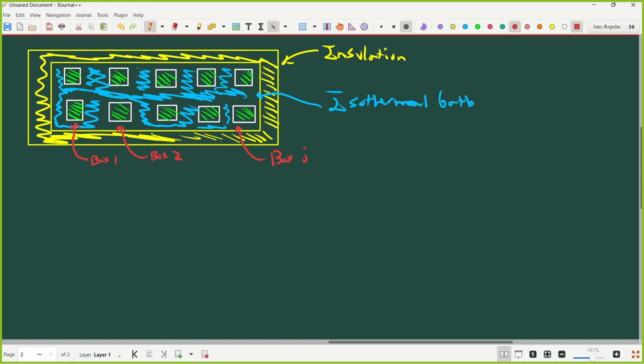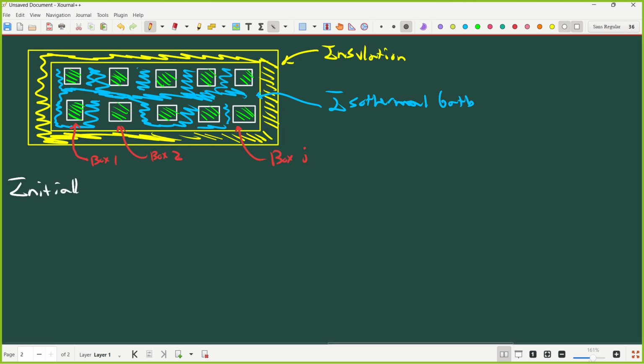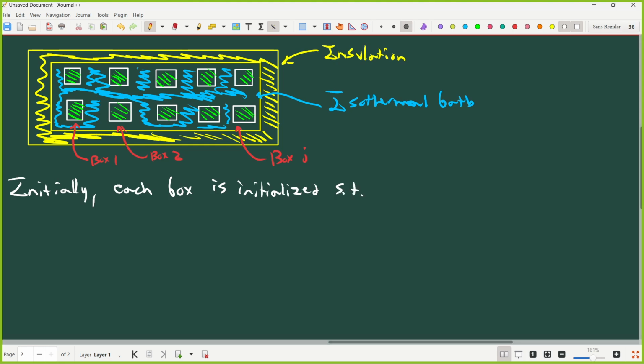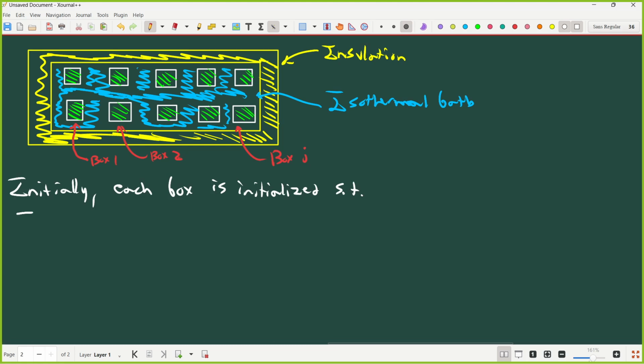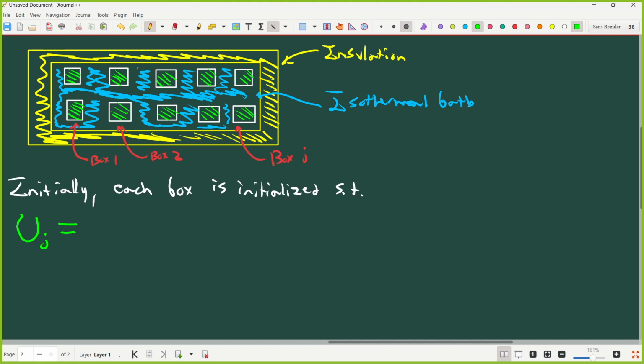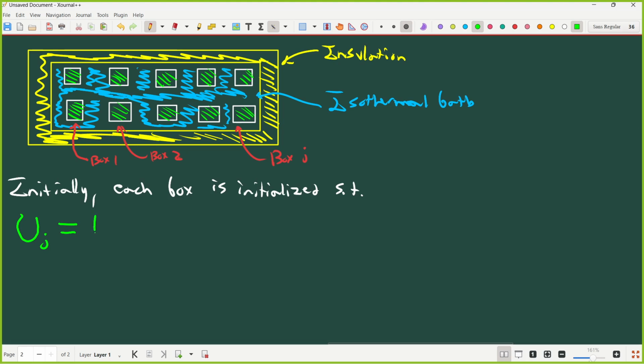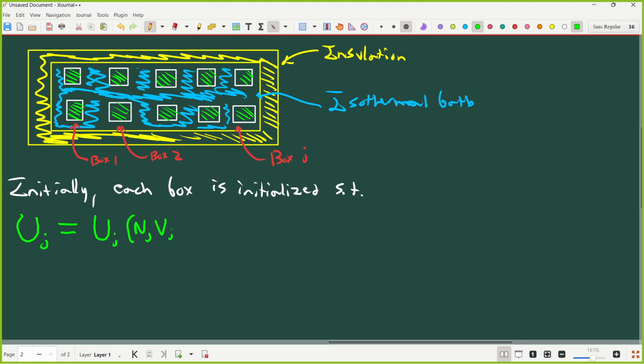So the initial state: initially, each box is initialized such that the total energy of a given box, U sub J, is a function of the number of particles in box J and the volume of the box.